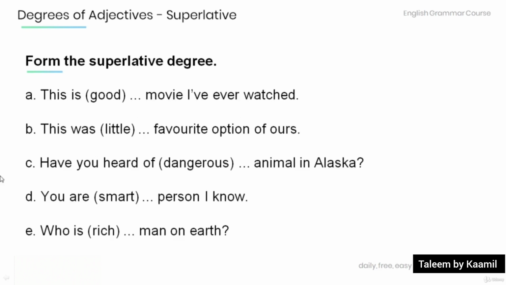And now read the following sentences and form the superlative degree. A. This is good movie I've ever watched. B. This was little favorite option of ours.